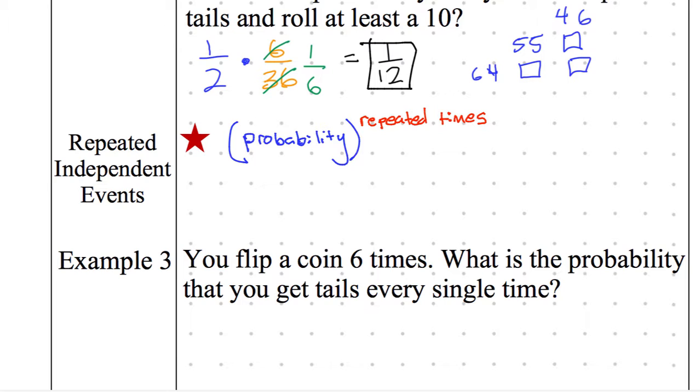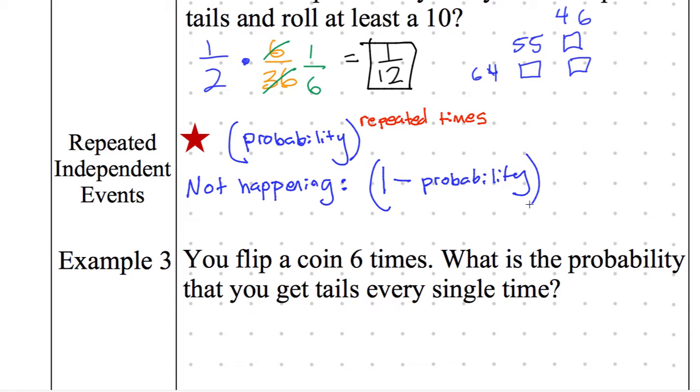Okay, here's another thing that we can add. What's the chance that you don't do that probability? So the probability of this not happening, let's write this down. Not happening is 1 minus the probability, all of that to the power of the repeated times.